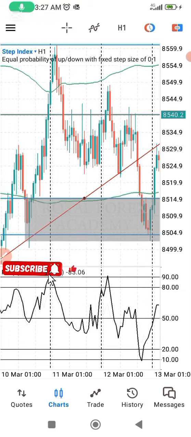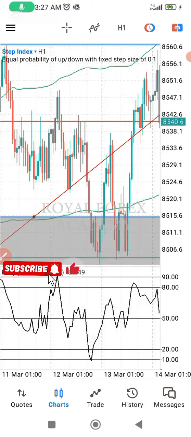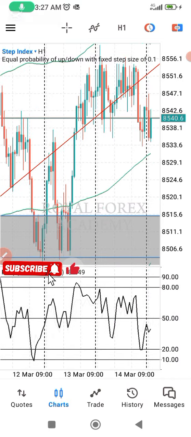You can see that. So price pulled back to retest this H1 order block. And when that was happening, you can see how this actually plays out.